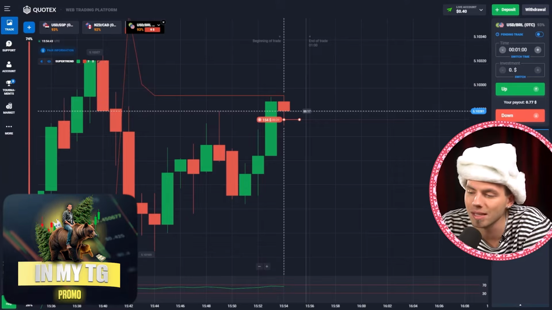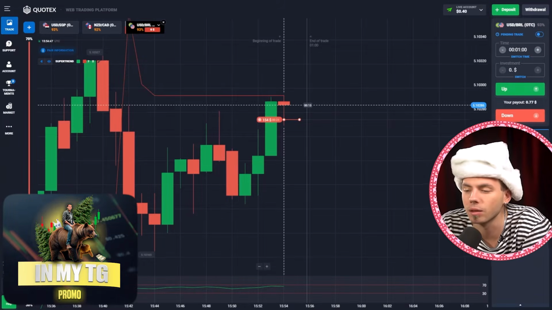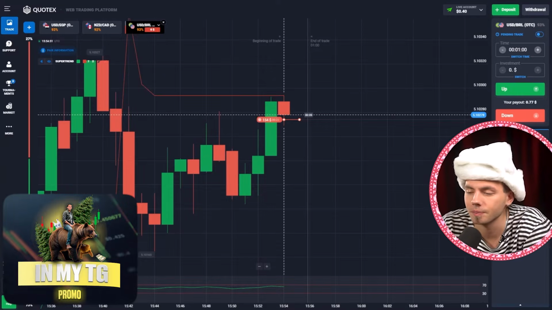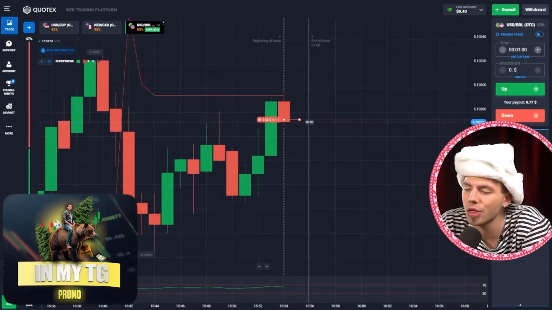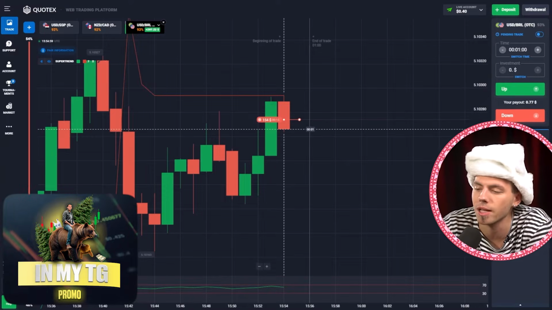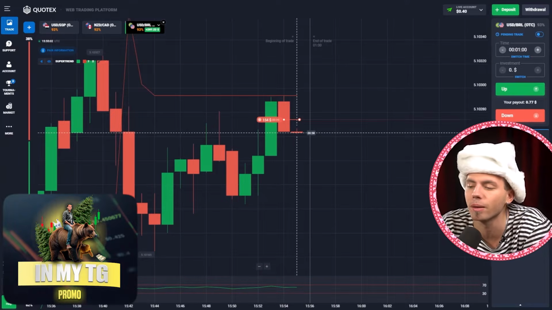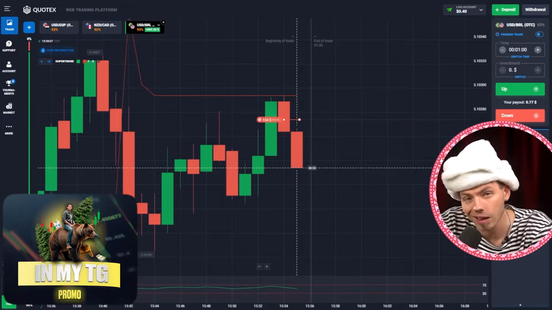Although the price is oscillating right now here, it will not break out this level because it's a very strong level of resistance over here. We will go down right now, so there is no chance that the price will go up at the moment. So yes, we are already slowly going down below this level where we opened our trade, and all we need to do is to wait a little bit.